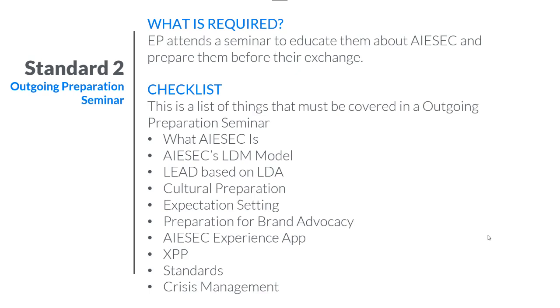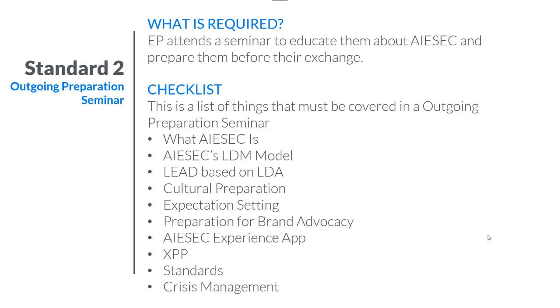Culture preparation, mostly about culture shock, and ask the ICX to send you information about the countries where people are going. Expectation setting: what they need to prepare, and in case issues happen, how it should go. And preparation for brand advocacy: how they need to collect showcasing and where they need to send it.